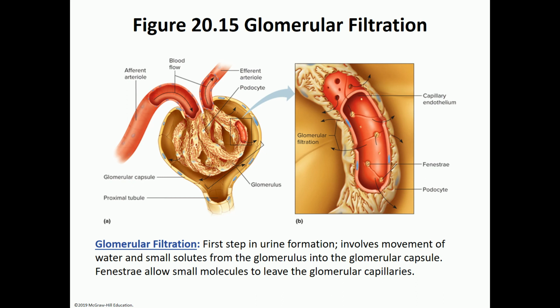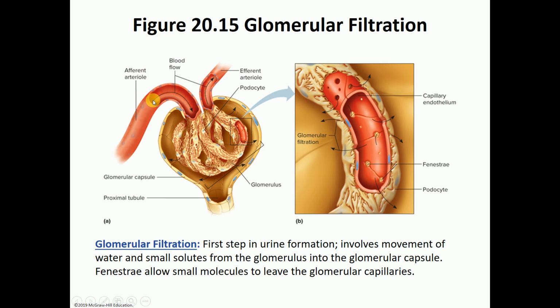So I want you guys to think of a couple of scenarios. What if the afferent arteriole dilates? That is going to lead to more blood coming in to the glomerulus, which increases its hydrostatic pressure, which increases filtration. Well, what if the afferent arteriole constricts?